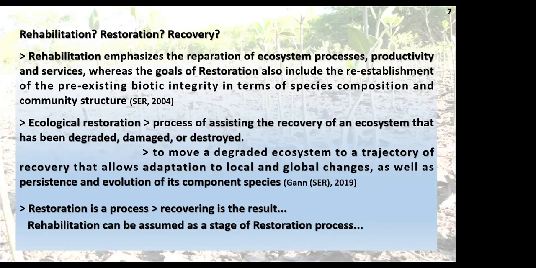So we can restore an ecosystem, but we have permanent changes in the environment and permanent changes in the species that integrate these ecosystems. So we need to consider this. Well, so I will treat restoration as a process and the recovery of the ecosystem as the result. And also consider that rehabilitation can be a stage of the restoration process.